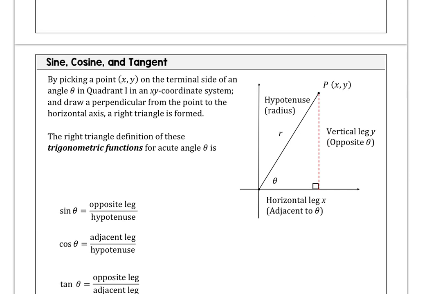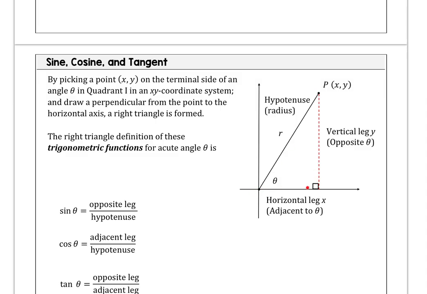By picking a point (x, y) on the terminal side of some angle theta in quadrant 1 in the xy coordinate system, if we draw a perpendicular from the point down to the horizontal axis, it forms a right triangle.